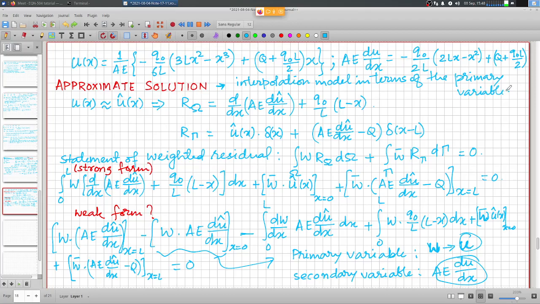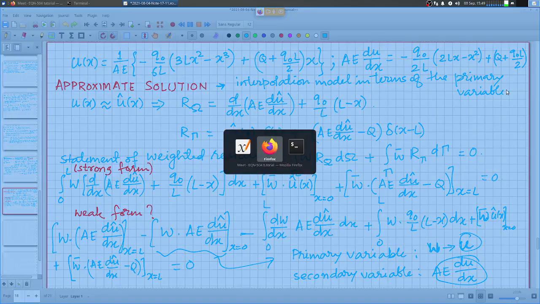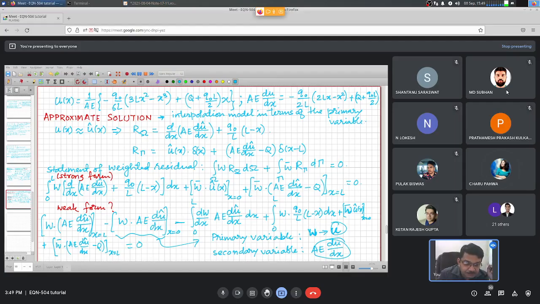Right? And now, what is the highest order of derivative in this expression, in the weak form? What do you see? First degree. Pardon? The first order. First order.